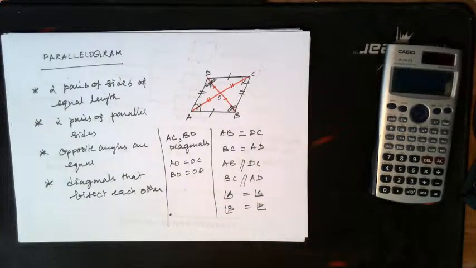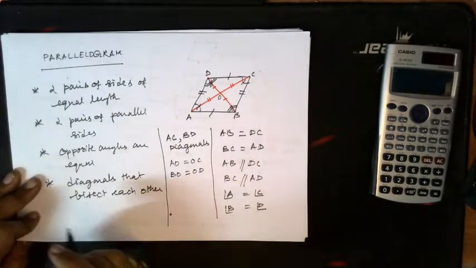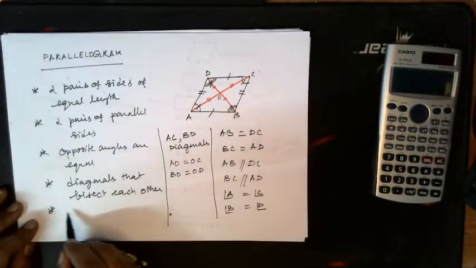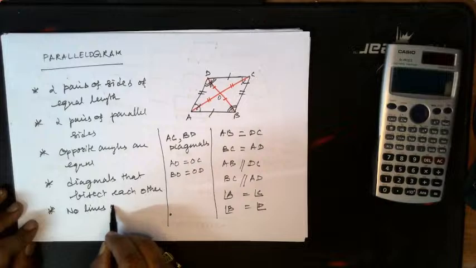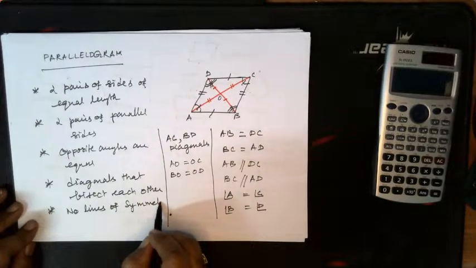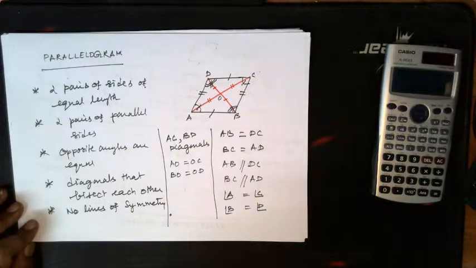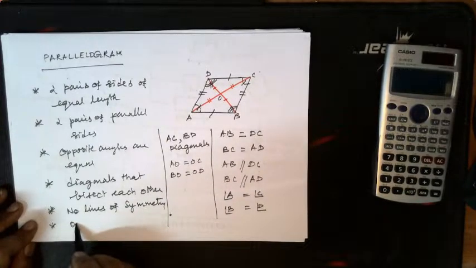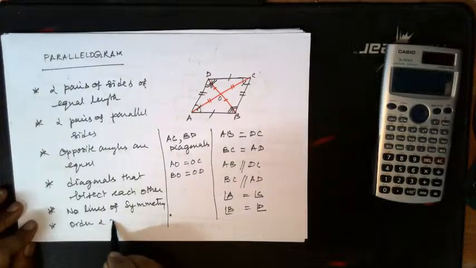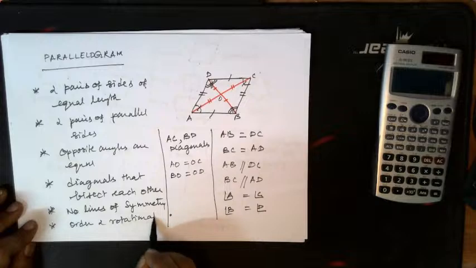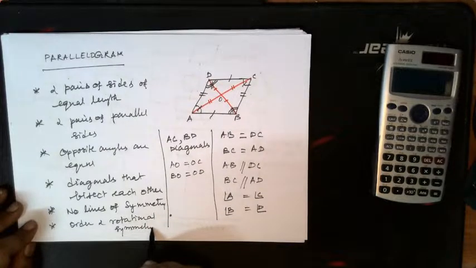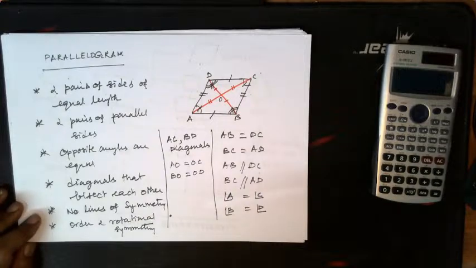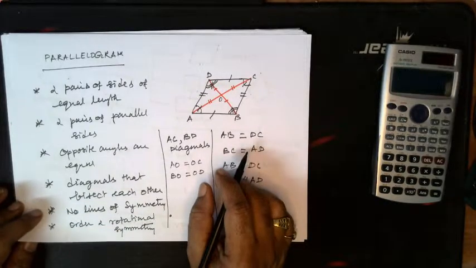Next, they have no lines of symmetry. You cannot see the symmetry here, but it can have rotational symmetry of order two. So what does symmetry mean?